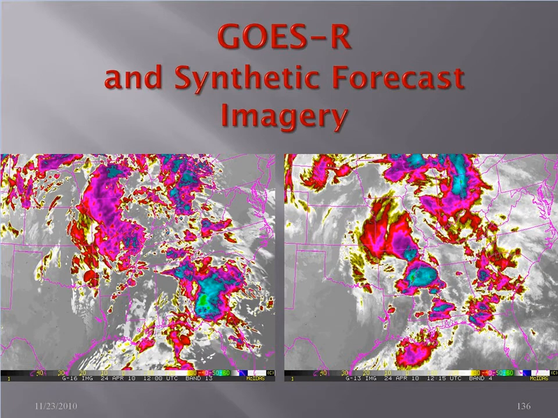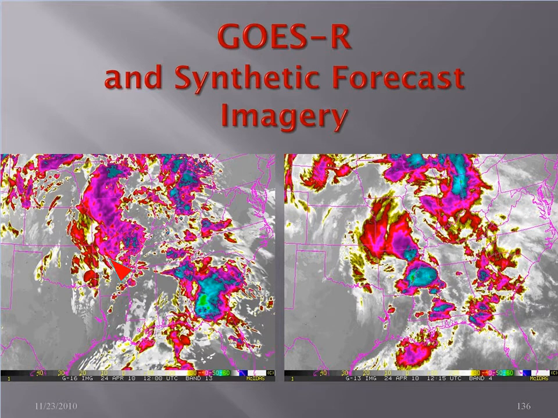And now we come into the realm of synthetic imagery, or synthetic forecast imagery, which was born out of the GOES-R program, which will become operational near the end of the decade. Here on the left, we actually have a synthetic image generated from cloud models within the WRF model platform. Here on the right is the matching real-time image from GOES 13, and you can see great similarity between the two.